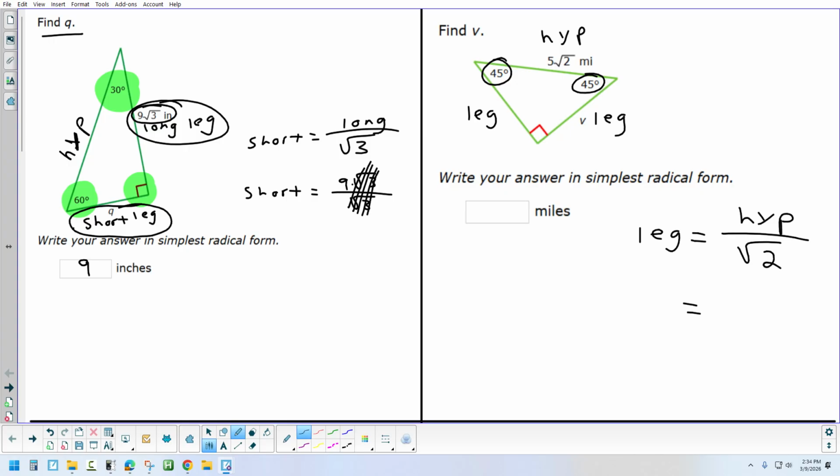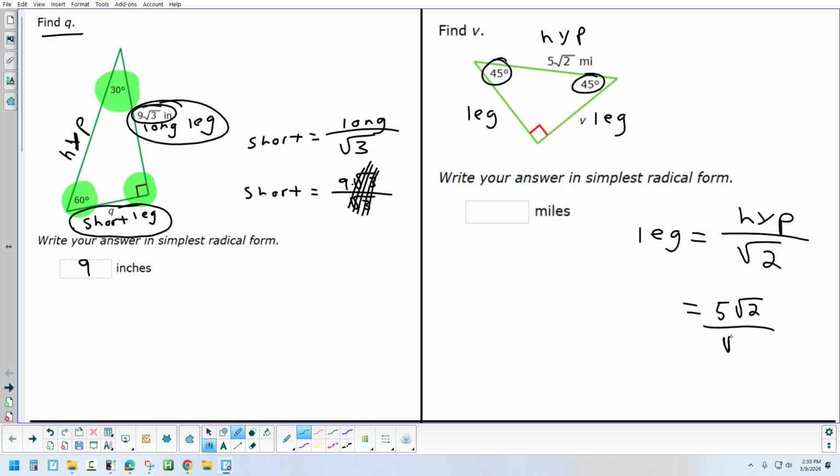We don't have to calculate it. 5 square root 2 is the hypotenuse.